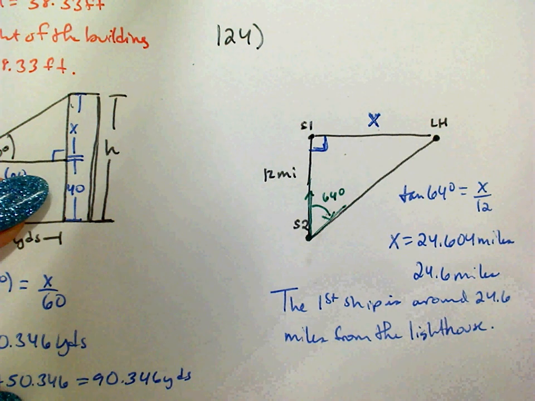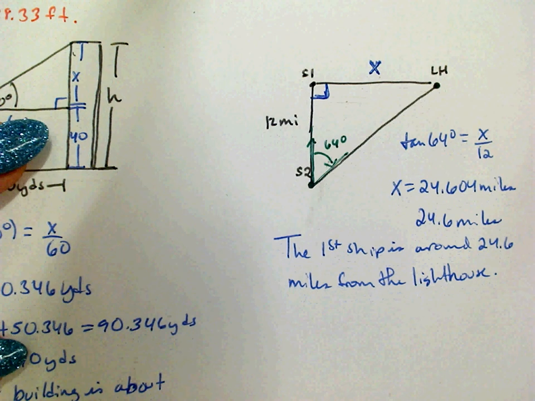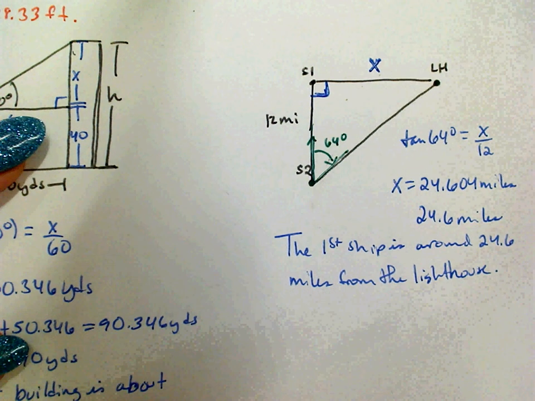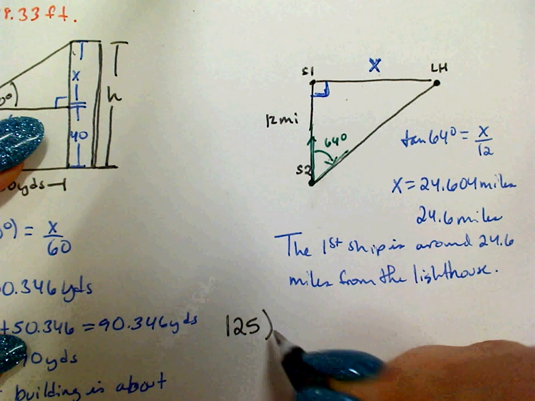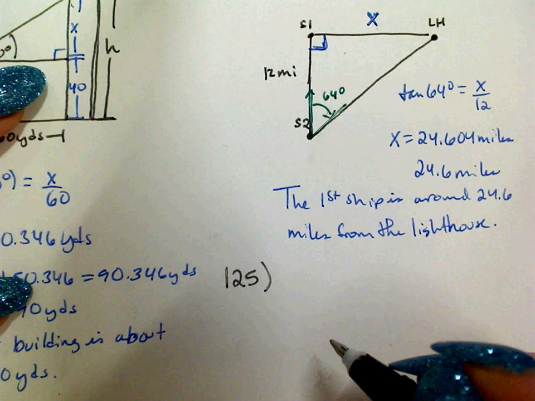Okay. Last problem, 125. From city A to city B, a plane flies 850 miles at a bearing of north 58 degrees east.